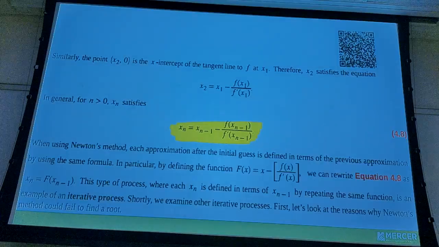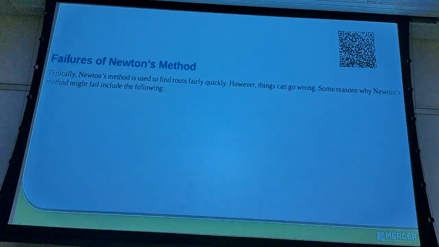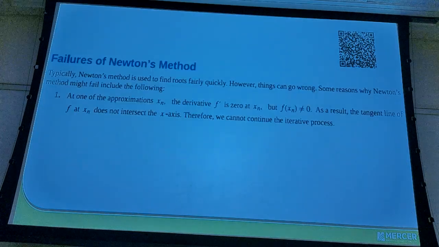Now, there are some weaknesses with Newton's method. One of the issues is if you get a point where the derivative is 0, well, now the whole thing just fails because you'd be dividing by 0.